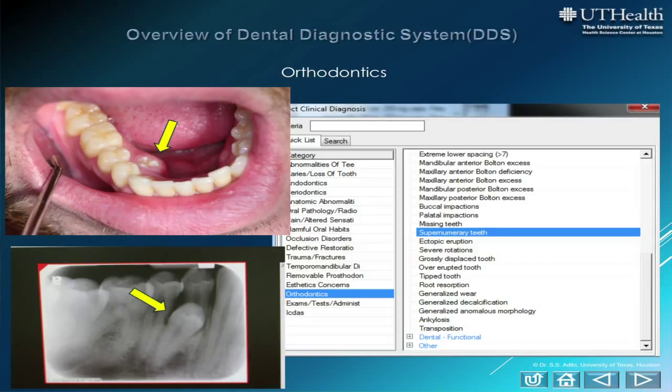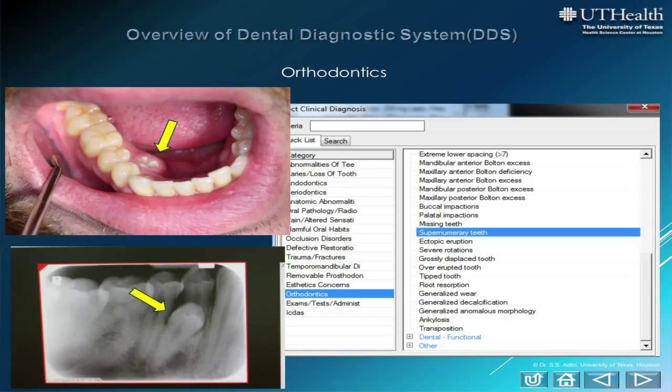The orthodontic category consists of facial sagittal, facial vertical, facial transverse, skeletal sagittal, skeletal vertical, skeletal transverse, dental sagittal, dental vertical, dental transverse, dental parameter, dental functional, and other.